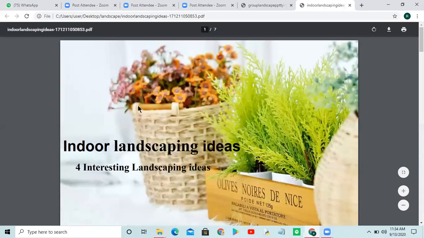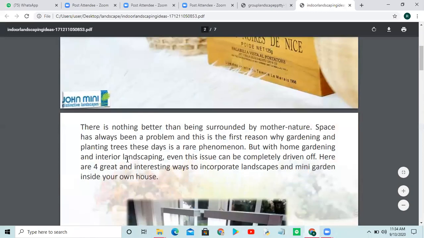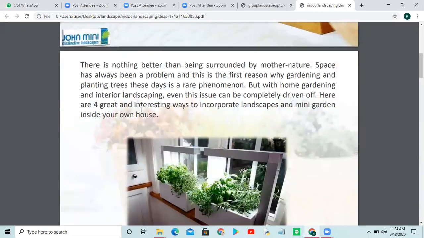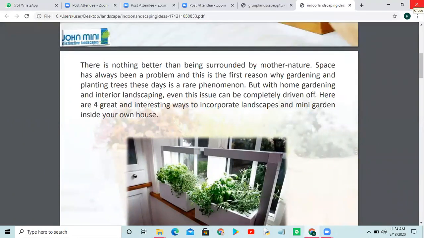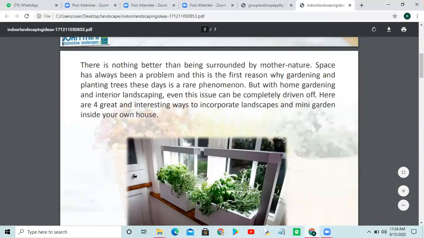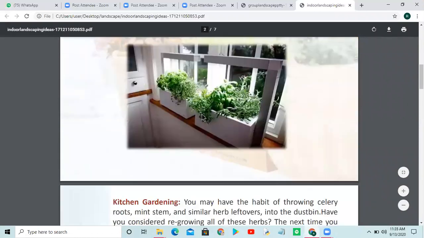See, the concept of sustainability can easily be used like this. First of all, you should know that there are concepts of recycling, reuse, and reducing wastage. So for plants, you can use containers which are absolutely waste, to contain plants. This is one idea.